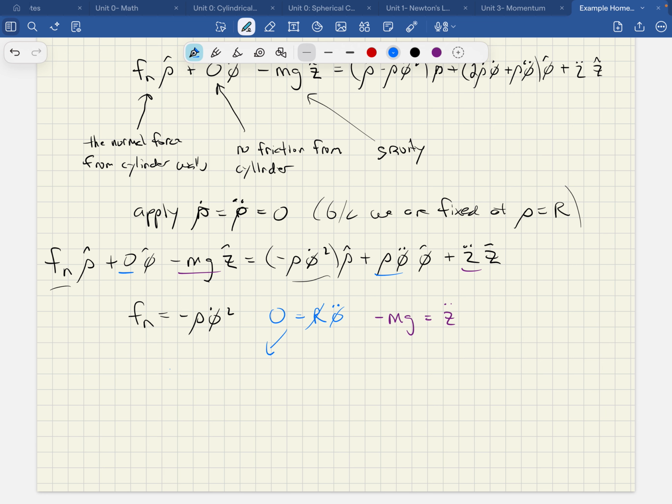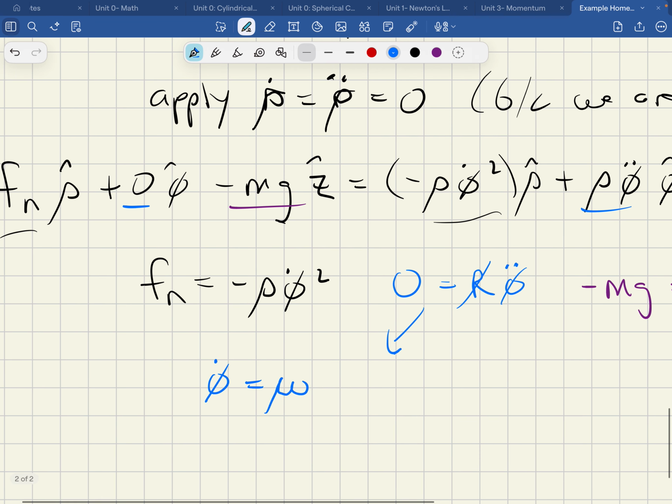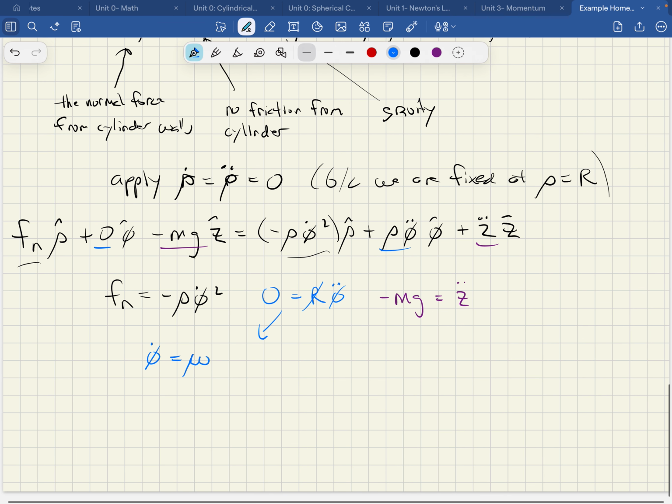So if I integrate both sides, that tells me that phi dot is a constant, and we should just go ahead and call that omega. So what does that mean? That means that whatever angular velocity the particle started with, it's going to keep that angular velocity. So we can integrate again and get phi is equal to omega t plus phi 0.